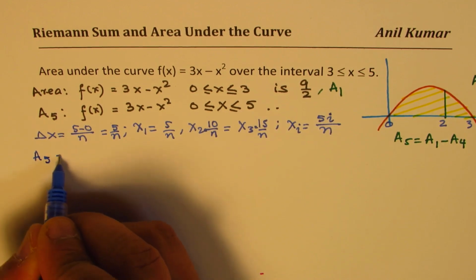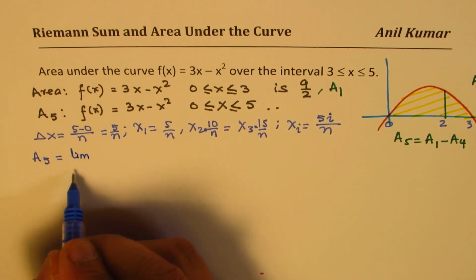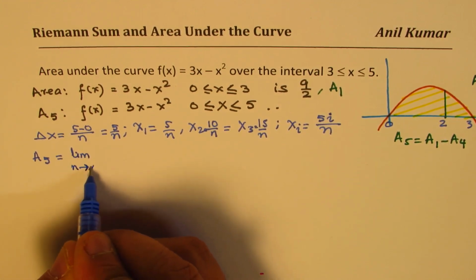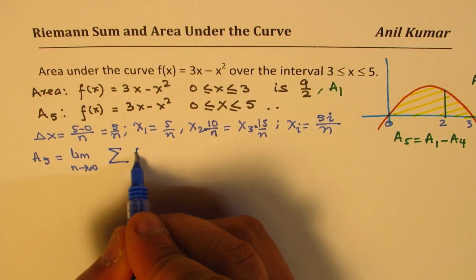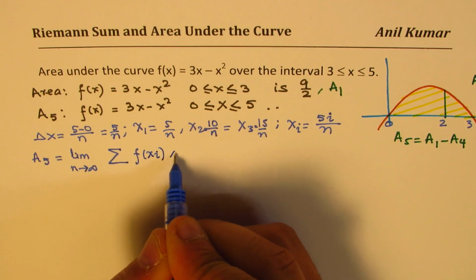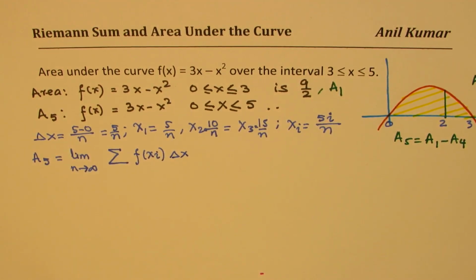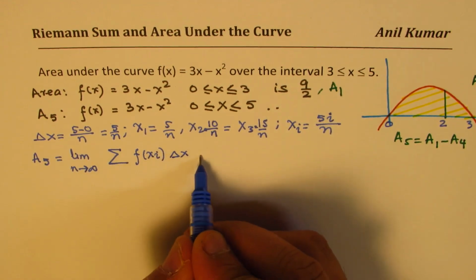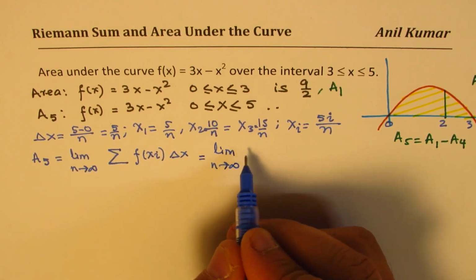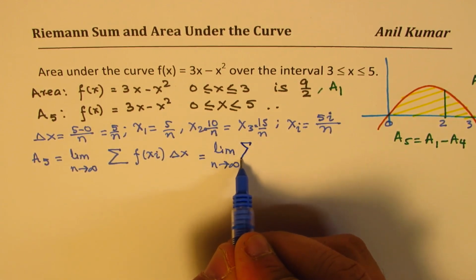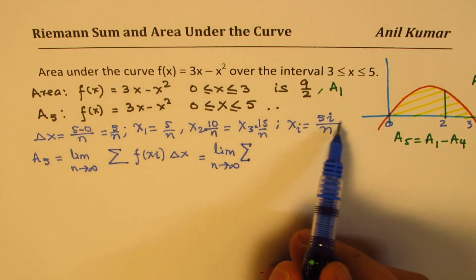So the area under the curve, A5, which is the area we are talking about, will be the limit when n approaches infinity of the sum of all these areas, which are areas of f of xi times delta x. Correct? Delta x is constant. Now, in our case, it is going to be the limit as n approaches infinity of the sum of, with xi being 5i over n, we'll substitute x for xi.